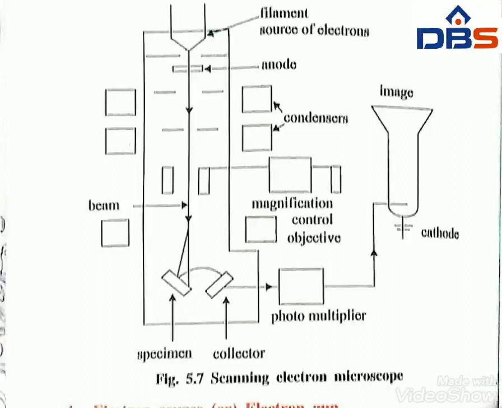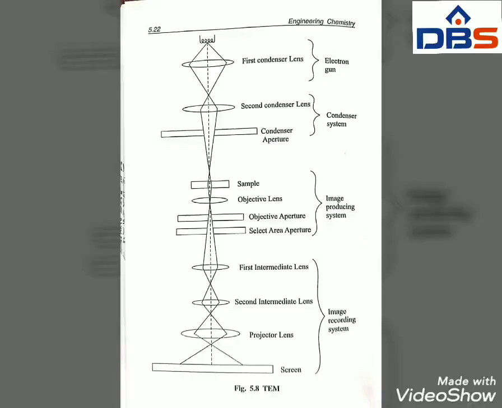This is a scanning electron microscope. Second one, transmission electron microscopy. Transmission electron microscopy is most useful in society these days. Transmission electron microscopy is a microscopy technique in which a beam of electrons is transmitted through a sample to form an image.